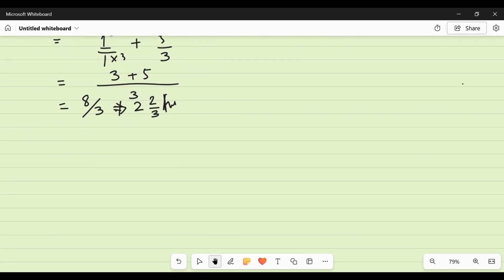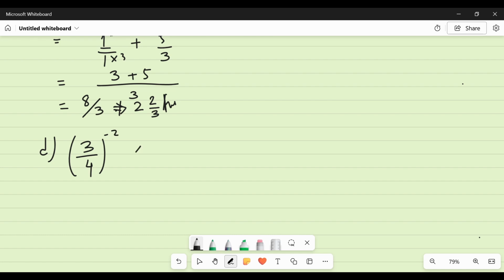Okay. D part is also very easy. If you check the D part, it says 3 over 4 to the power -2 times 3 to the power 2, divided by 15 to the power 0. It's a 0, okay? Sorry.